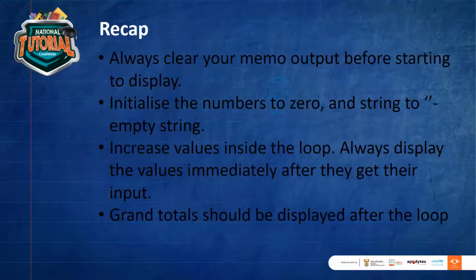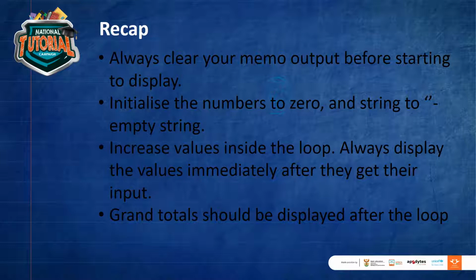Just a quick recap on the things that we have done. We said we should always clear your memo box or your memo output before starting to display anything. Make sure that you initialize the numbers to 0. If it is a number, you initialize it to 0. If it is a string, you initialize it to an empty string.